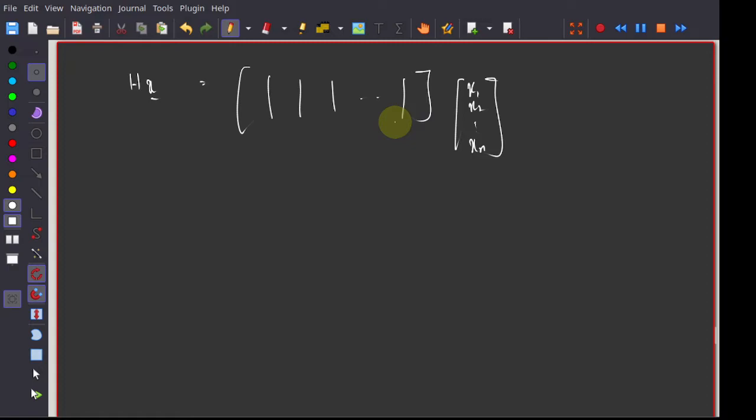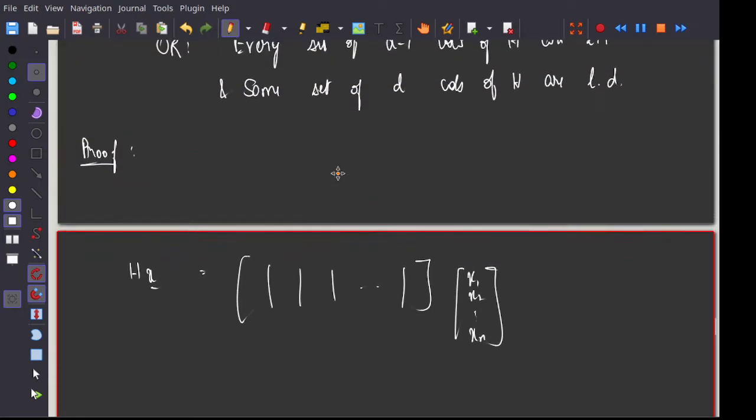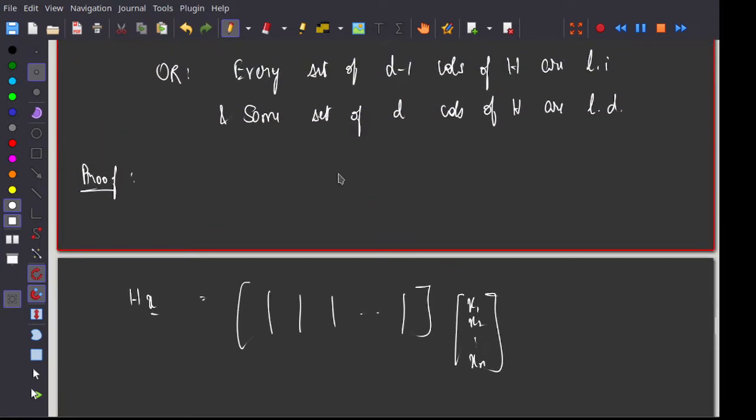So now with this particular view of the code, what can you say? Is it possible to prove this particular statement?